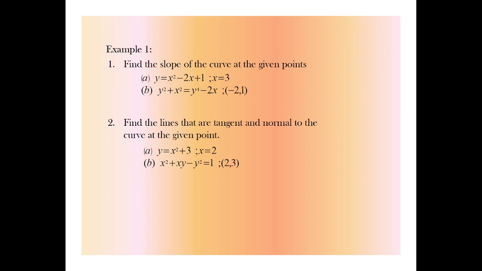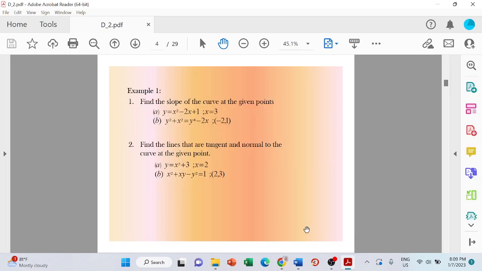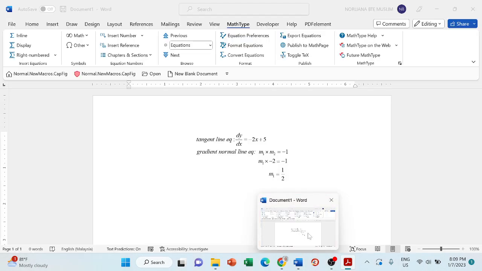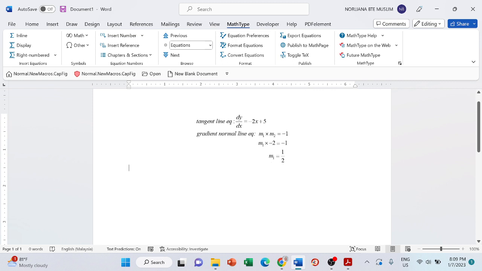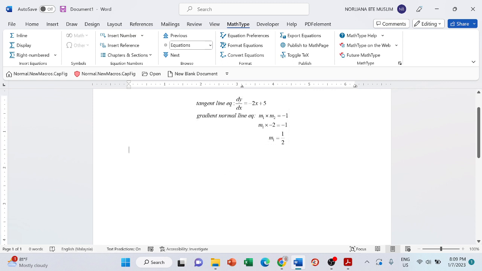For this example, slope comes from our concept of dy/dx. So to answer question 1a here, madam will transform into the equations. I will transfer it to this equation. Just give me time.